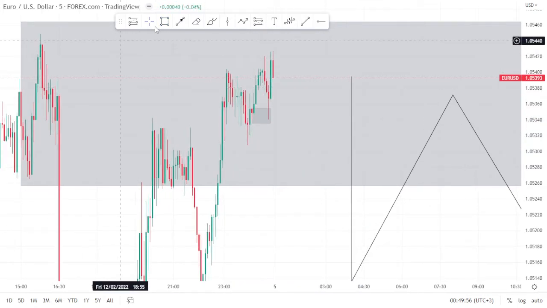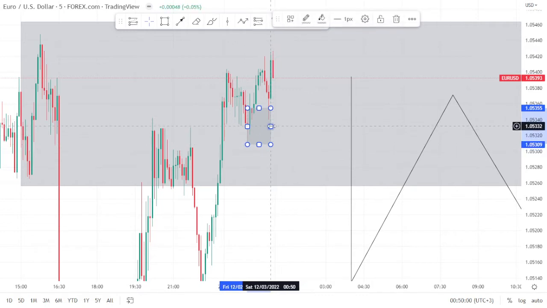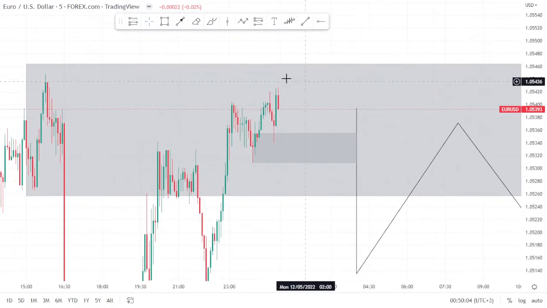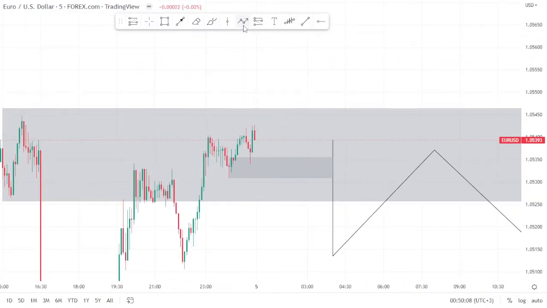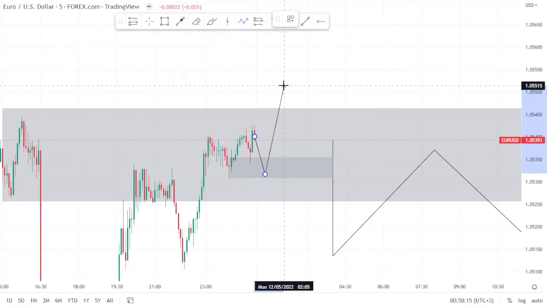So probably what we are anticipating is that the market comes and mitigates the deep part of it before it shifts to the other direction.